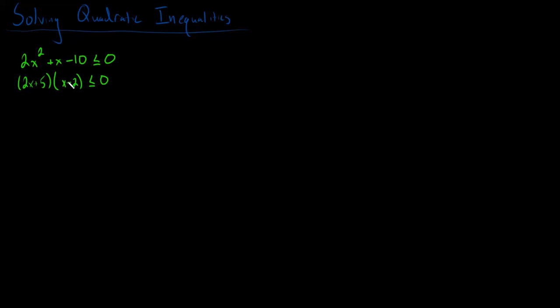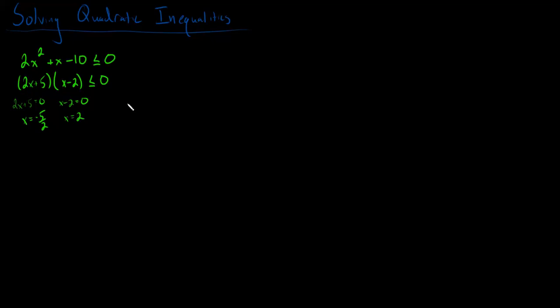If you want to, go ahead and pause the video and factor this by hand. These are the two factors you would end up getting: 2x plus 5 and x minus 2. Just like with quadratic equations, we would use the zero product property, set each of these equal to 0 and solve. So we would get x equals negative 5 halves and x equals 2.